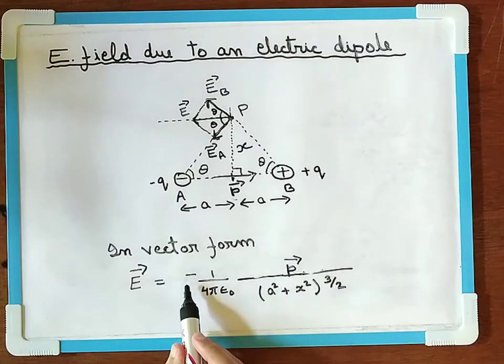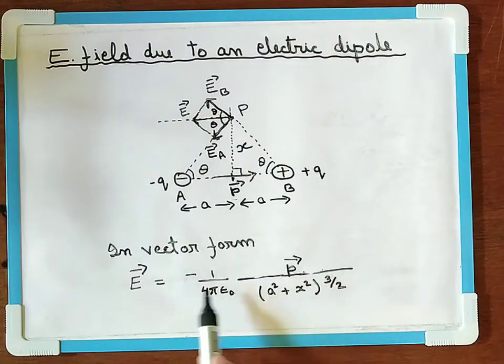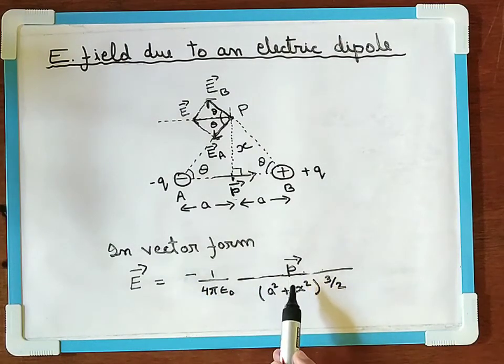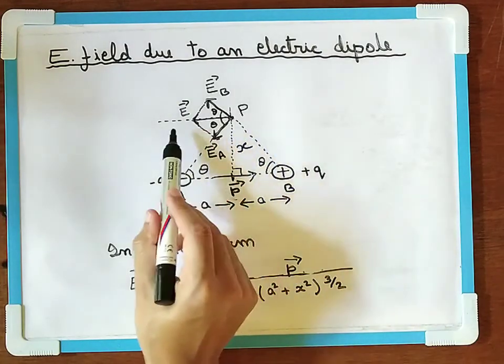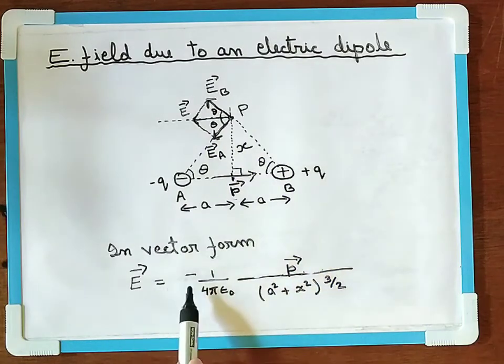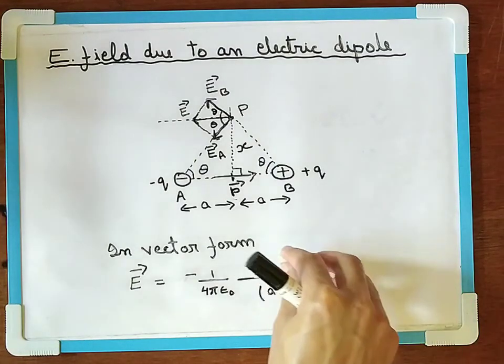This minus indicates that E is opposite to p. So the negative sign indicates that your electric field intensity is opposite to the electric dipole moment.